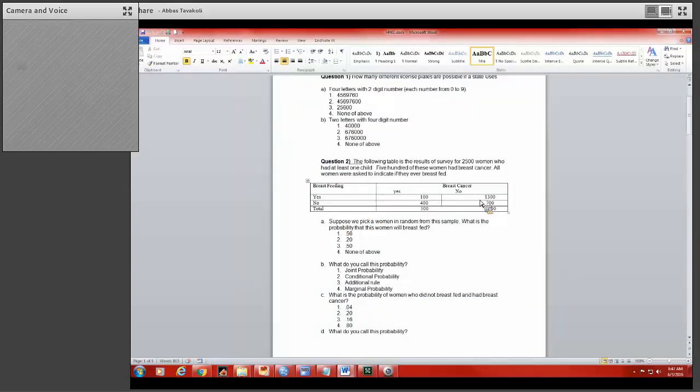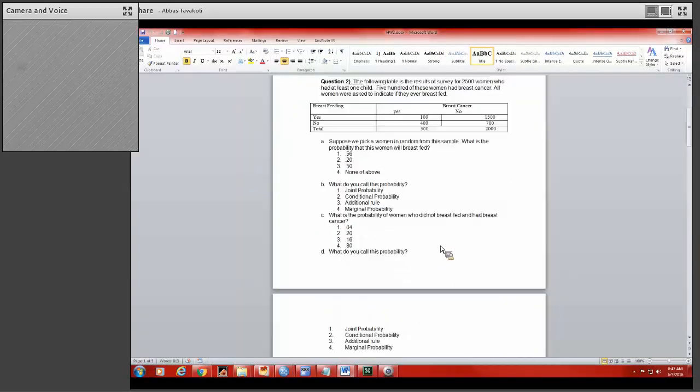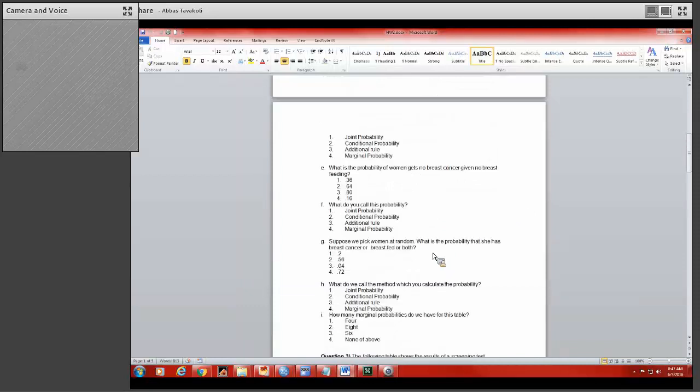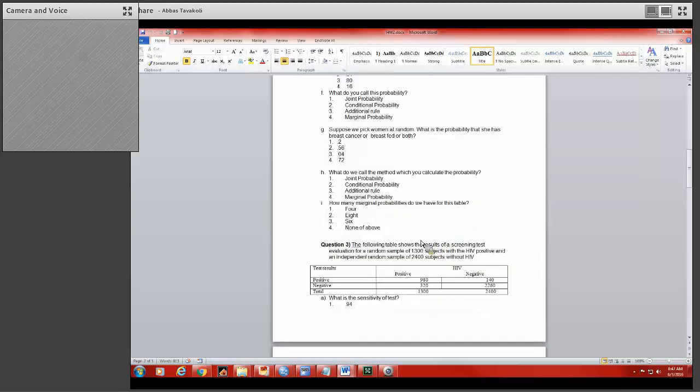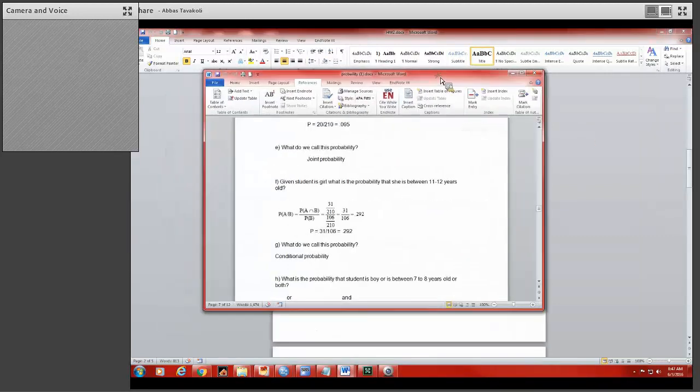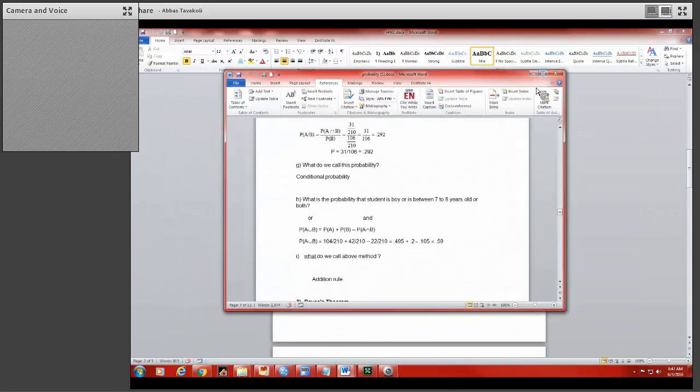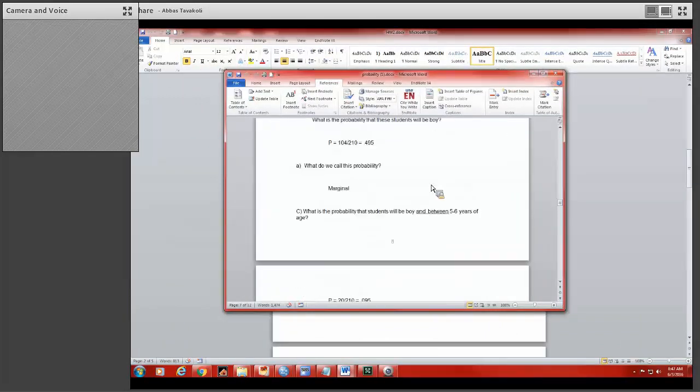So here when it's given, that means it limits you to that marginal. So given no breastfeed, you look at the no breastfeed, which is 1100, and that is your total sample. Now, what is the probability of breast cancer? You find the number of breast cancer that happen in that row.